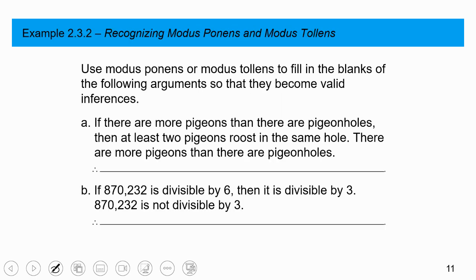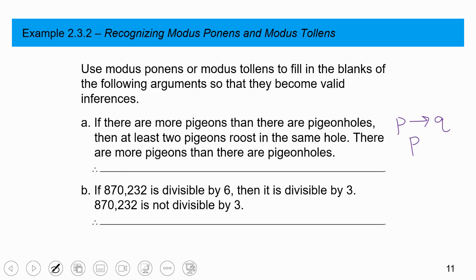You can use modus ponens or modus tollens to fill in the blanks of the following arguments so that they become valid inferences. So first it says, if there are more pigeons than there are pigeonholes, then at least 2 pigeons roost in the same hole. There are more pigeons than there are pigeonholes. So we have our P implies Q statement, and then we assert that P is true.